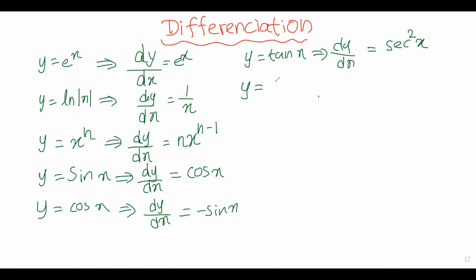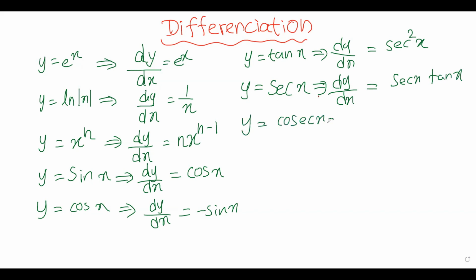Now the other trigonometric functions. If I take y equals sec x, dy/dx equals sec x tan x. If y equals cosec x, dy/dx equals minus cosec x cot x.